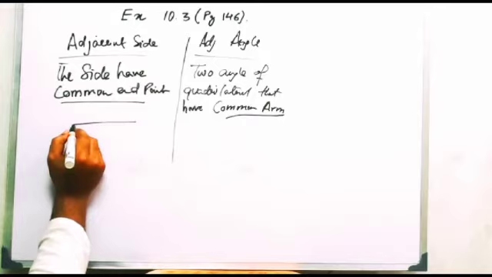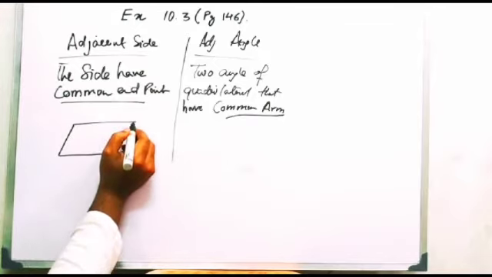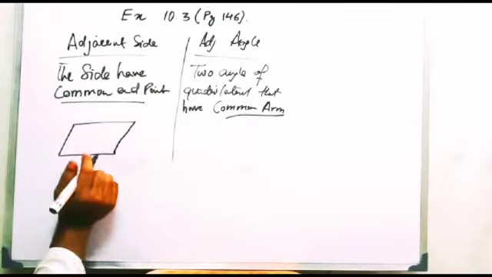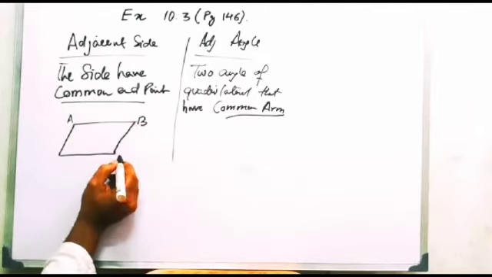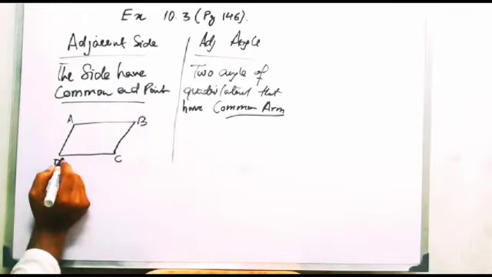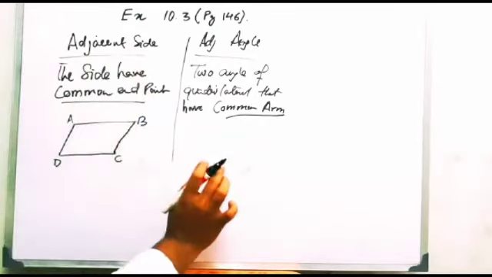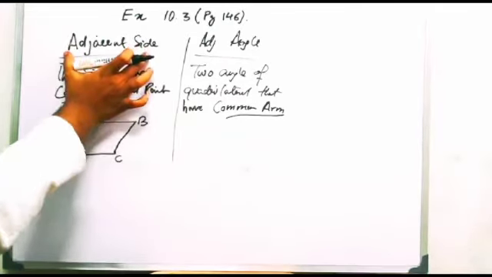This is your given figure. Okay, A, B, C and D. In this figure you have to find the adjacent side.